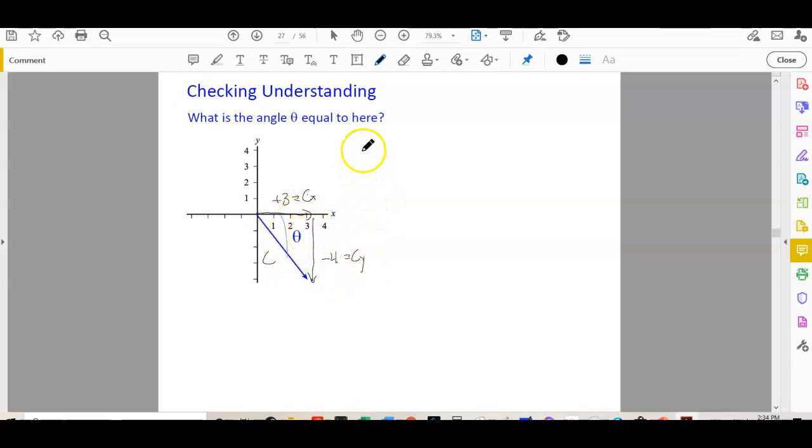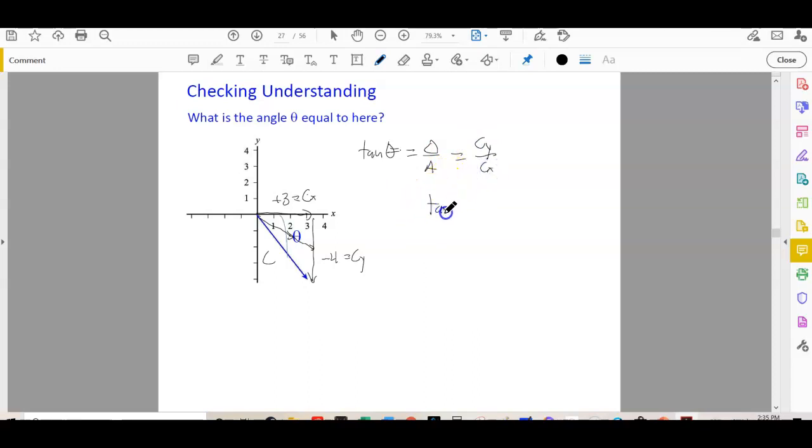Well, tangent of theta is going to be equal to opposite over adjacent. All right, and we're in opposite of theta and adjacent to theta. Okay, well, the side that is opposite of theta, I'm going to draw an arrow that points towards theta, which then eventually points towards the opposite. So in this case, it's going to be CY over CX.